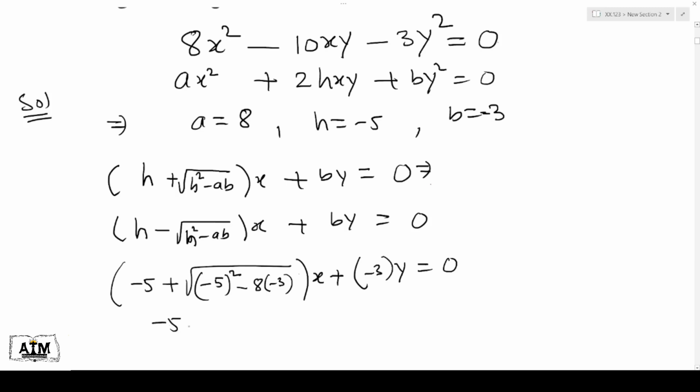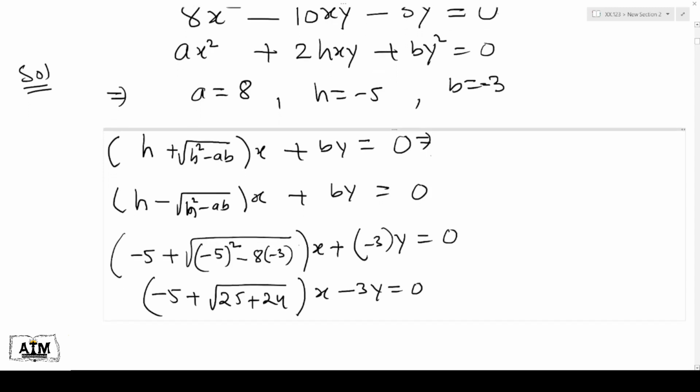So minus 5 plus under root of 25 plus 24, bracket close, x minus 3y equals to 0.